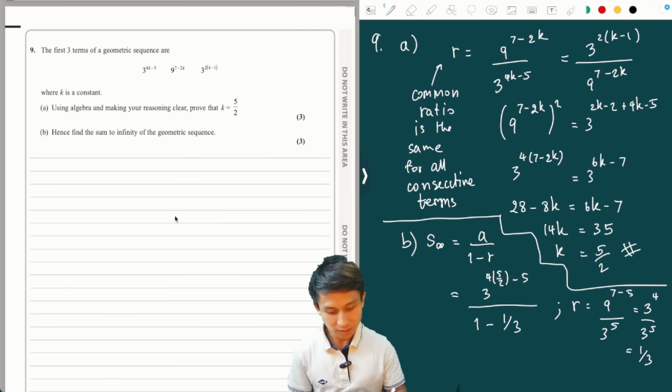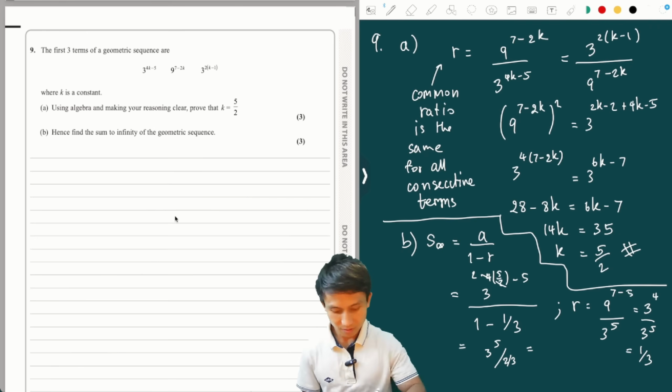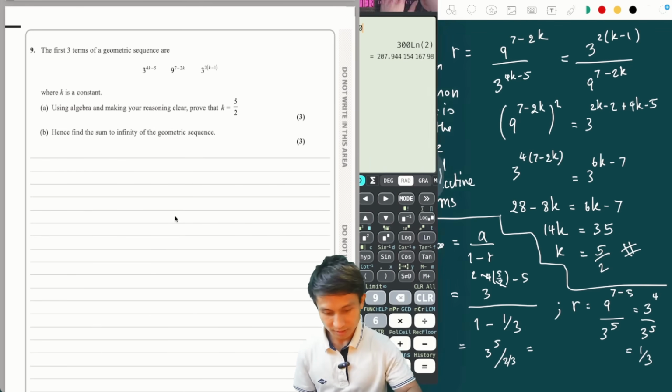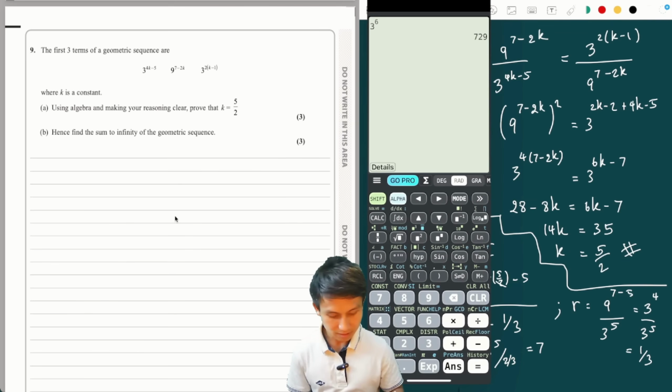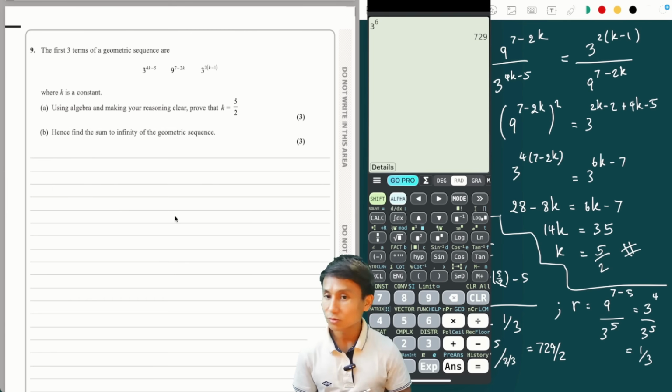And then we just work out the math there. So this is 3 to the 10 over 3 to the 10 minus 5, 3 to the 5 divided by 2 over 5. Okay, so that's 3 to the 6, 729 divided by 2.